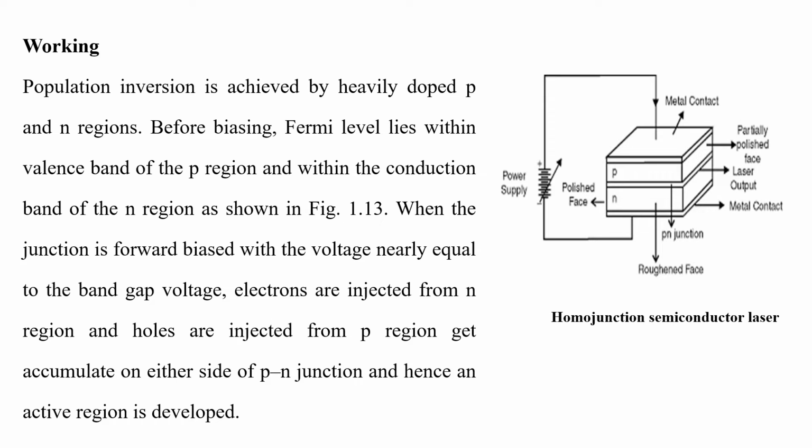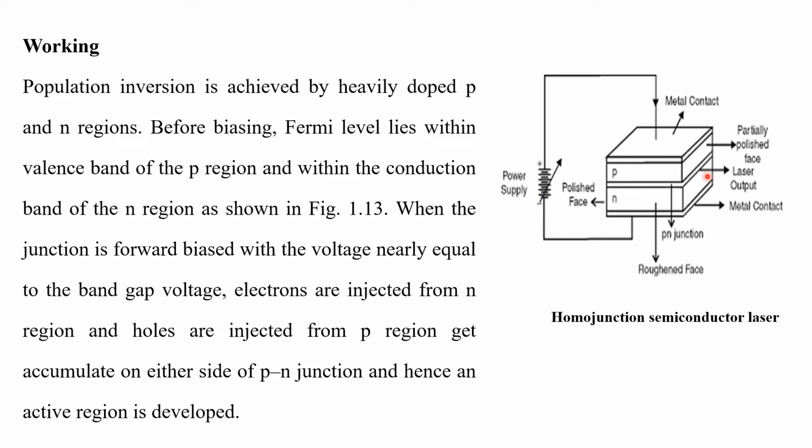Let us now see the construction of this homojunction semiconductor diode laser. It consists of a P region and an N region, which are heavily doped, and it is forward biased. That is, P-type material is connected to the positive of the source, and N-type material is connected to the negative of the source.